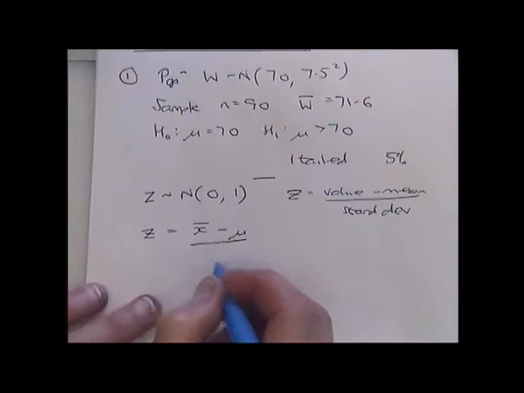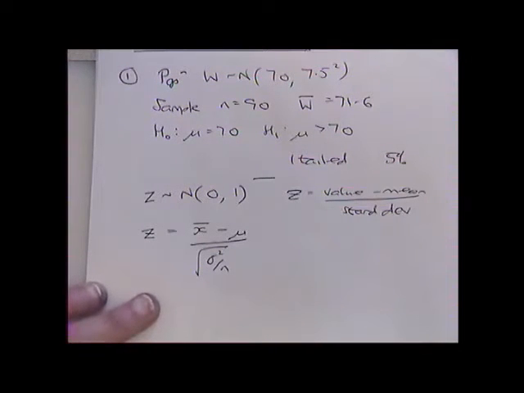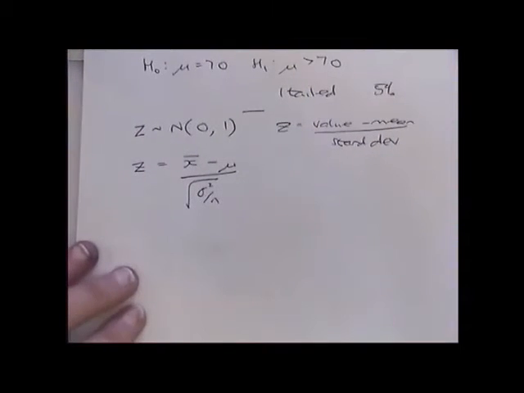Can you give me that in symbols? Sigma over root n. Yeah, sigma squared over n, all square rooted, or sigma over root n. It's the same thing. So we are going to do everything in terms of this statistic Z, where Z is normal, 0, 1.